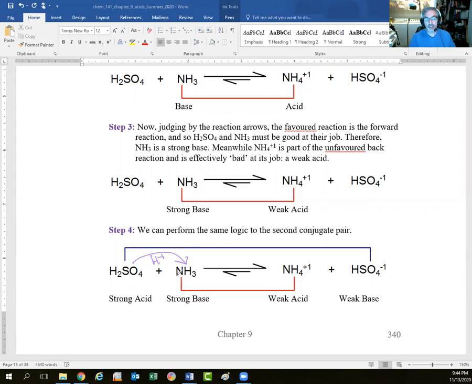Picking up the proton is of course a strong base, giving away the proton, and the forward reaction is a strong acid, which means its conjugate partner is a base. It's working with the unfavored back reaction, so a weak base. We can see that's true, that HSO4 about to pick up a proton from the NH4, which is exactly what we expect a base to do.